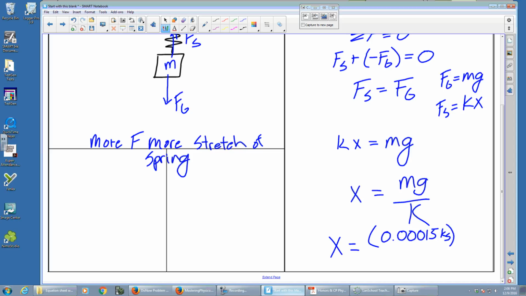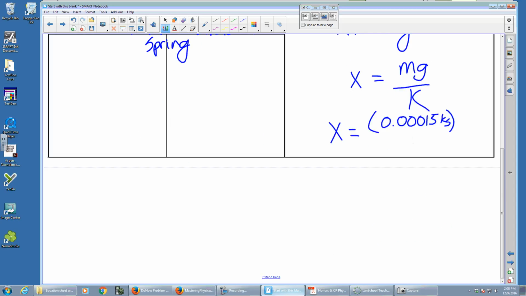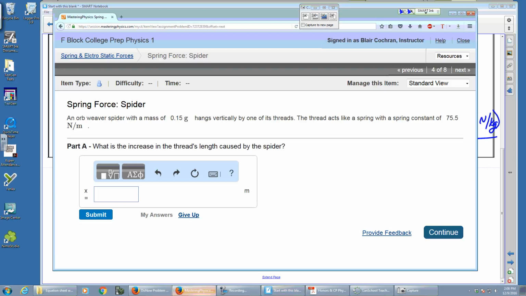What planet do I think this orb spider's on? I think they're on the Earth. That's the only one I know that has orb spiders. So I'm using the little g for Earth. And then they tell me K, which is 75.5 newtons per meter.